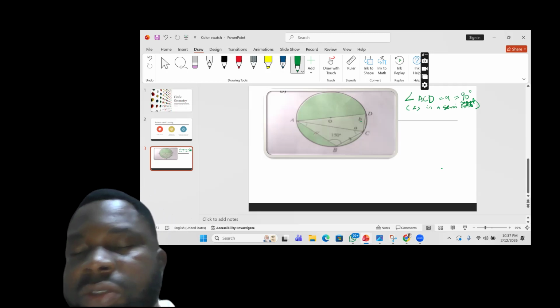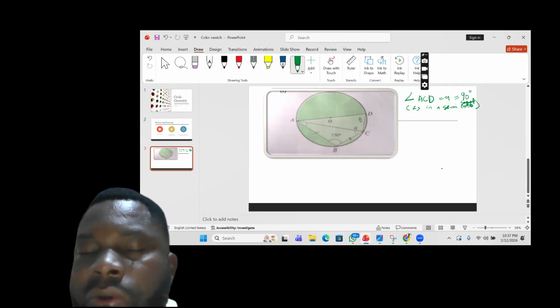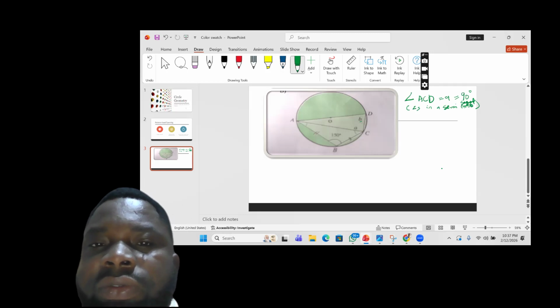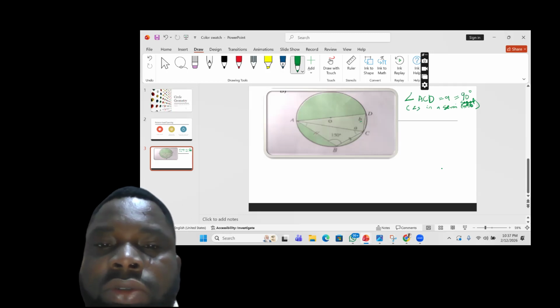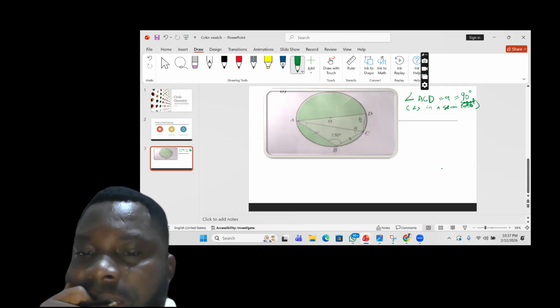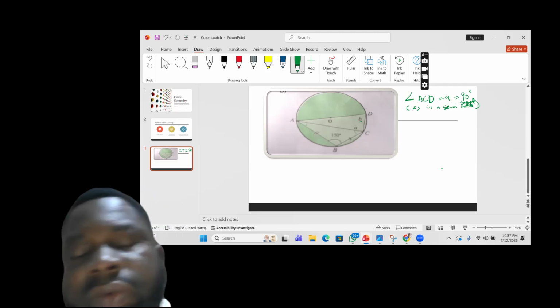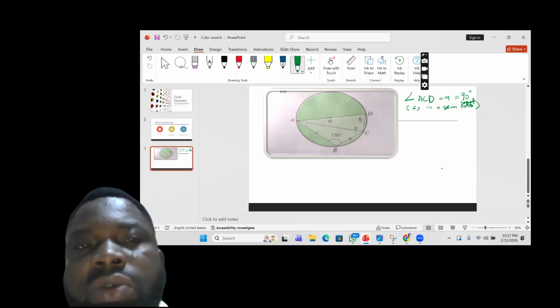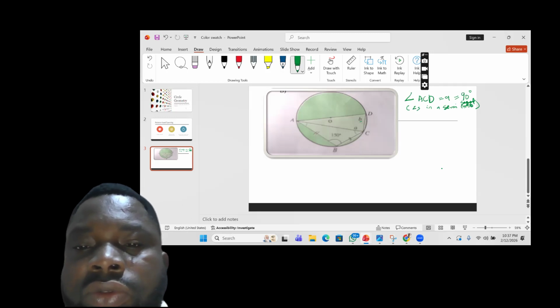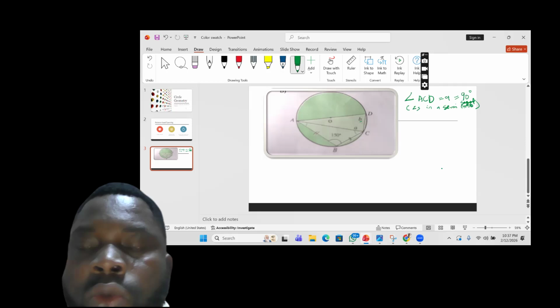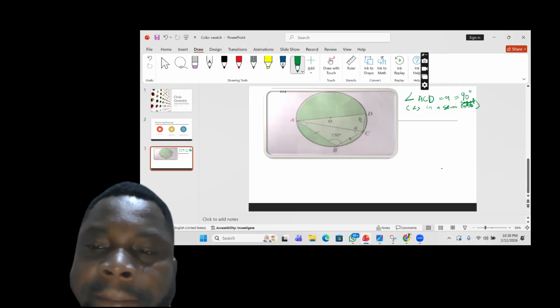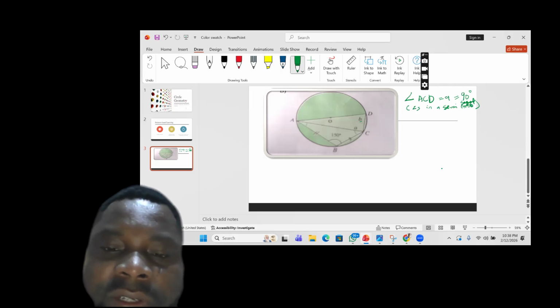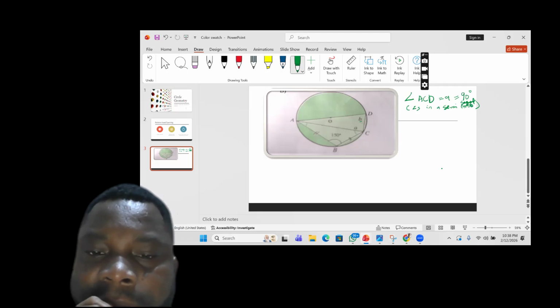The topic where this geometry comes in involves solving angles in a segment. That is why, when you are solving circle geometry questions, you need to think outside the box and go through all the rules that apply. So first, what do we do?